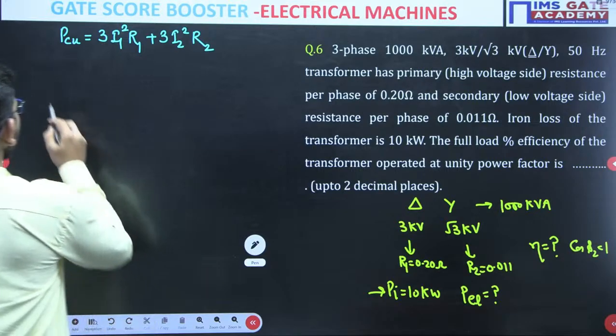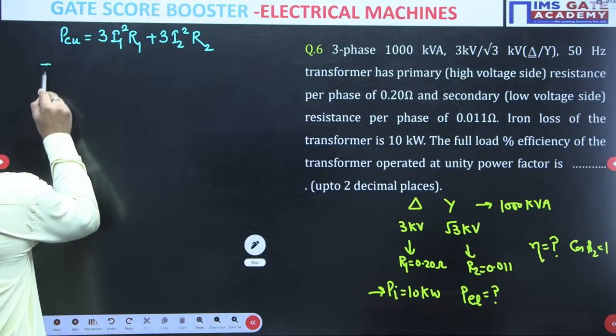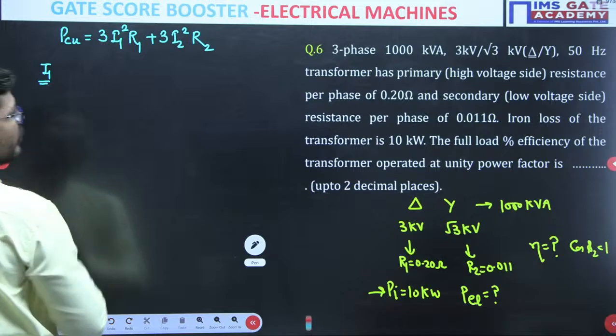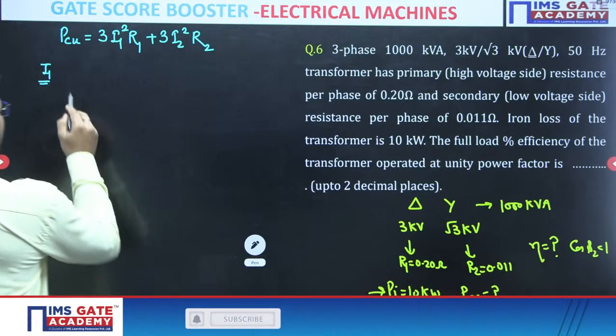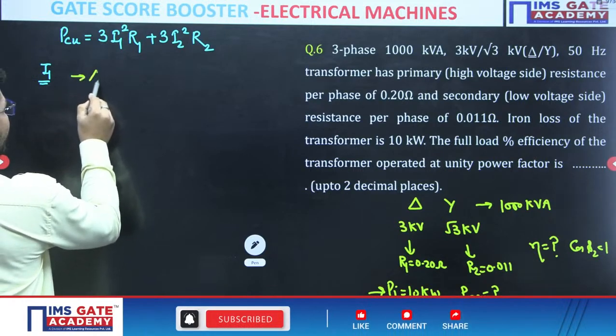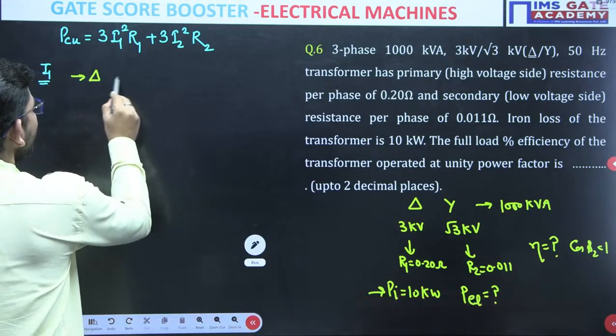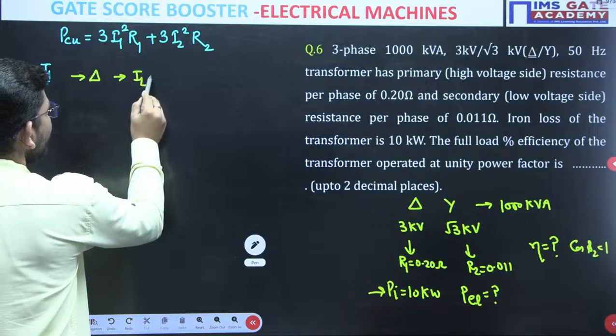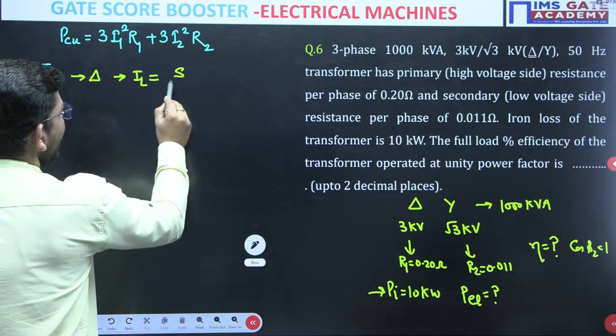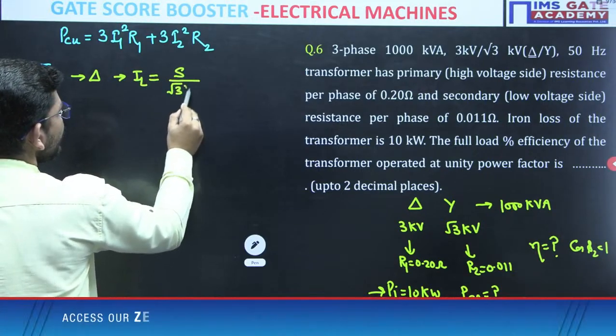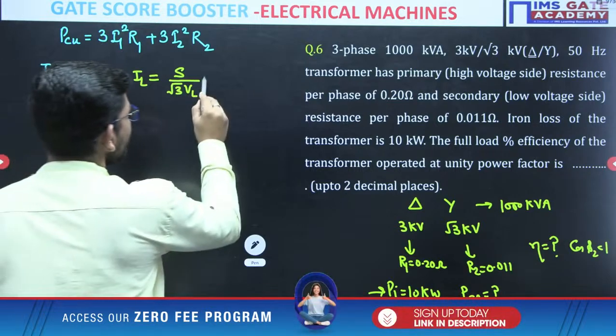So just see for I1, how do we calculate I1? For I1, that side is delta connected, right? Now on that side, if you calculate line current, it will be S over root 3 VL. Got it? What is S?